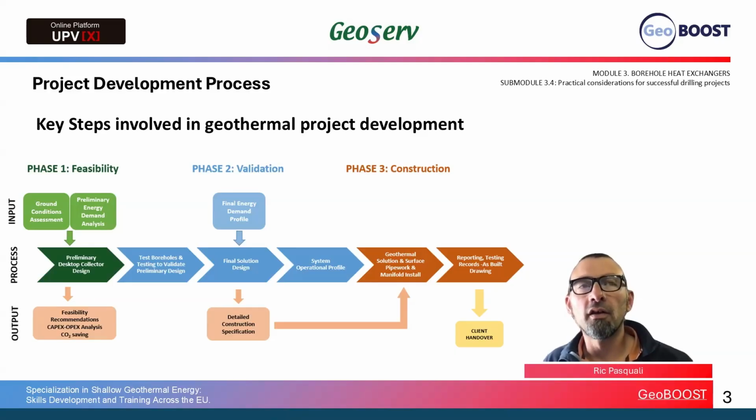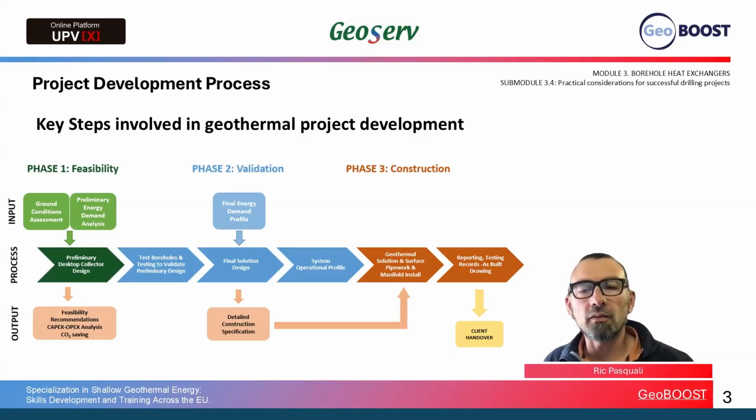That implies that the borehole requirements in terms of the depth, the number of boreholes, and specific completions in terms of the drilling diameters and the design for the final project are defined. These detailed construction specifications therefore feed into the last phase of the project, which is the construction phase, where we actually drill and install the solution prior to commissioning the system and handing it over to the client.